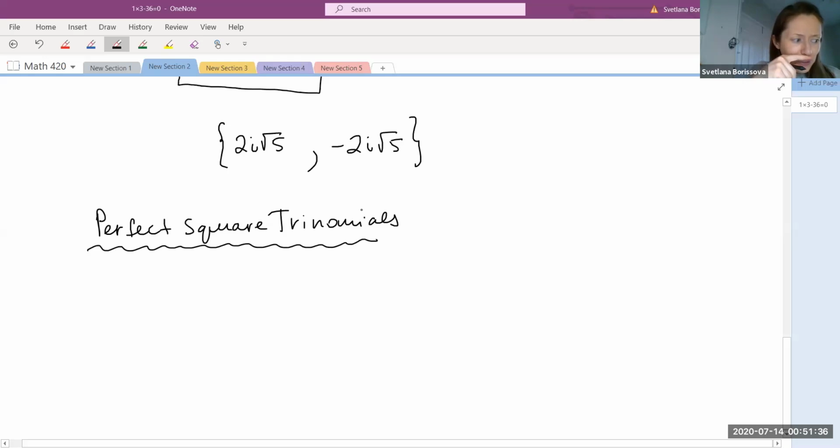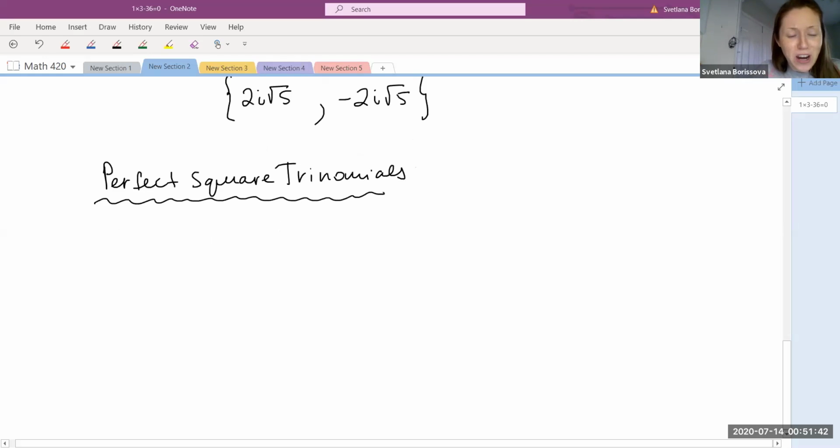We have trinomials that have a special shape, and let me write down this special shape of a trinomial. So if we have an expression that has the following form, that expression has something squared in the first place, then it has 3 terms, as I said, right? So it's 1, 2, and then 3.